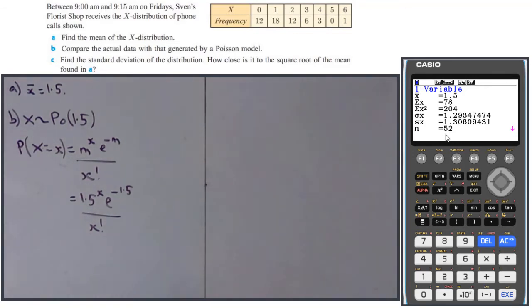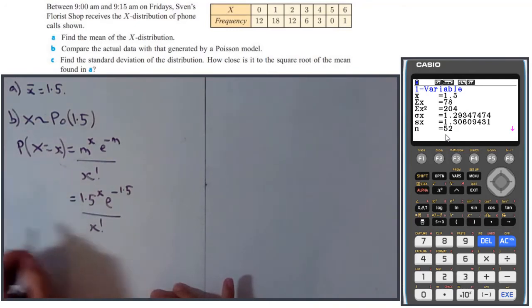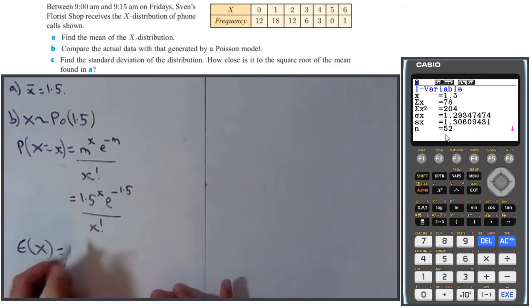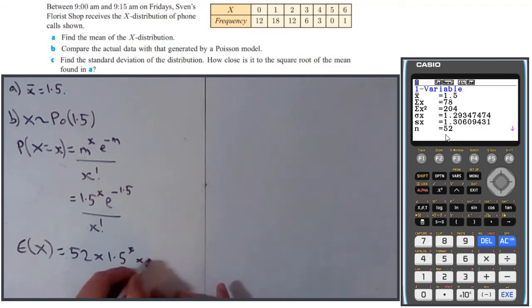If I take this function and times it by 52, the expected frequency for a Poisson distribution, in this case, is going to be 52 times 1.5 to the power x times e to the minus 1.5 over x factorial.